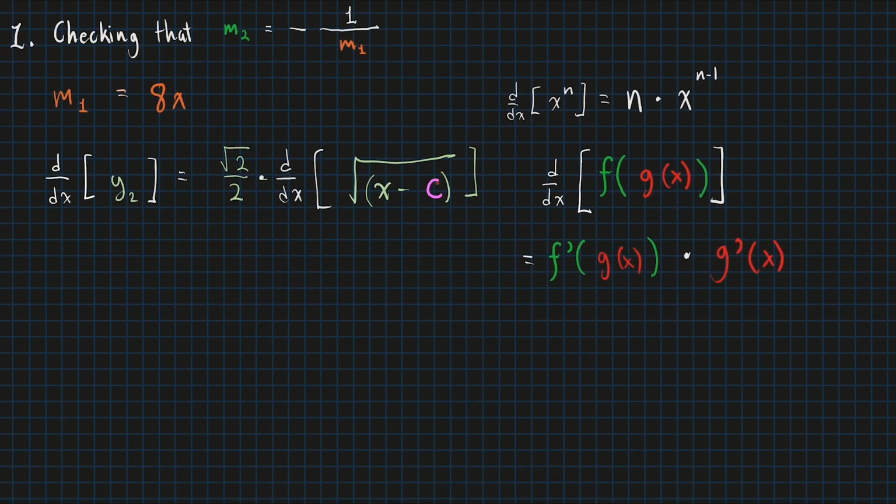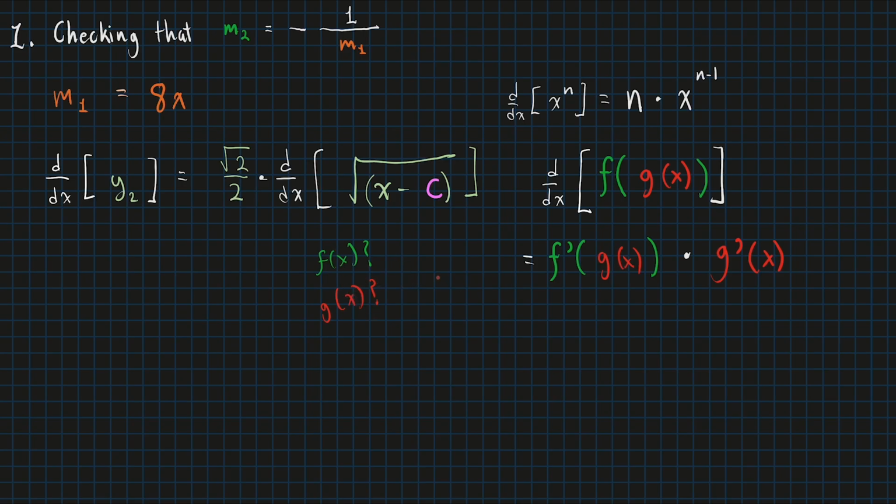So what we have to do here is we have to identify what is f of x and what is g of x. We have to figure out what's the outer function and which function is inside that, and then we can use this rule here. Each of these has to be something we know how to take the derivative of.